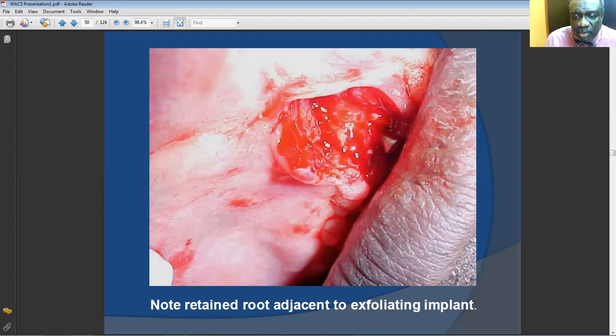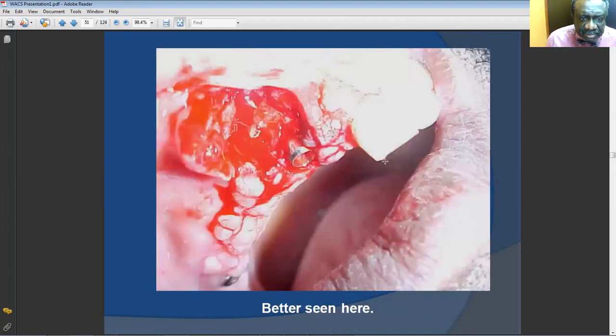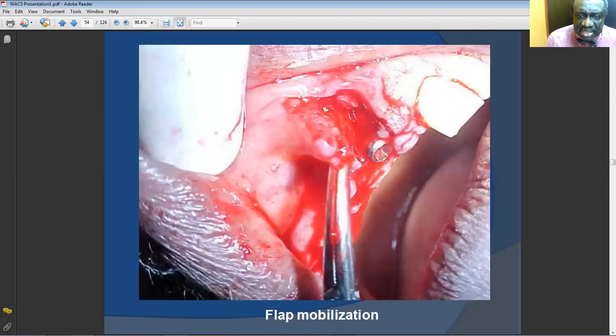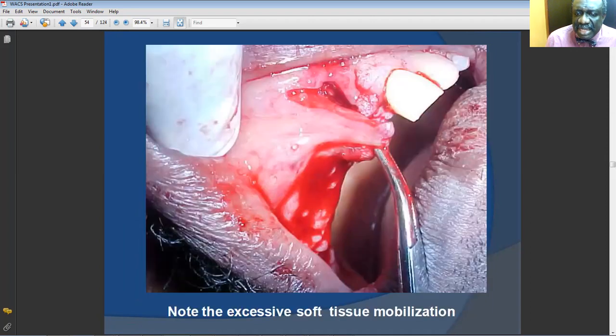That is the exposure of the implant. And basically, I decided to explore further, only for me to see that there is a retained root in the area where I had placed the implant.